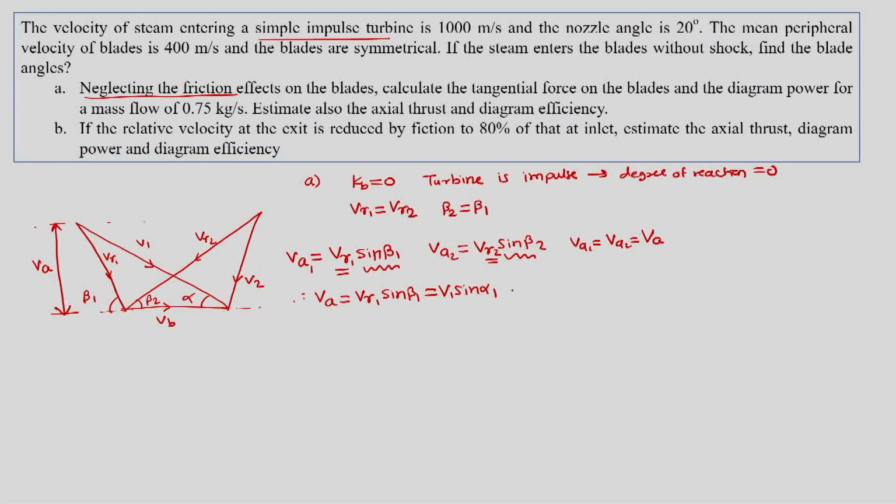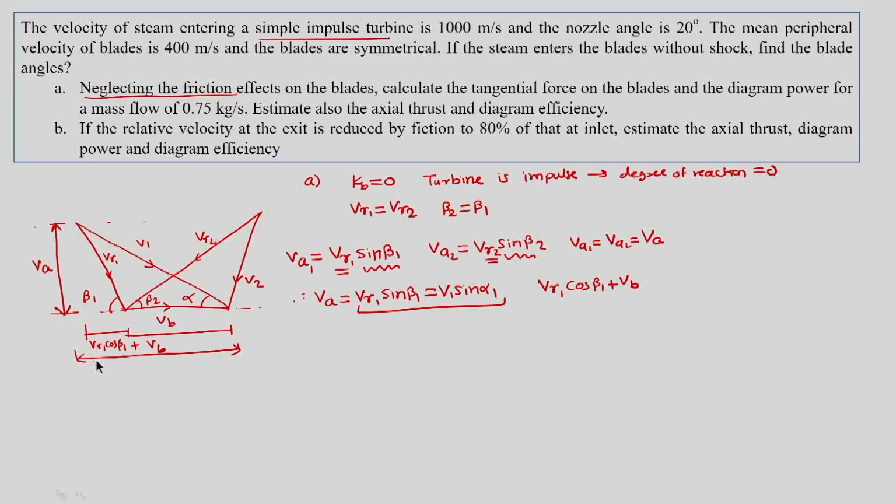So, for this we can just equate this much part and then we can have one more thing, that VR1 cos beta 1 plus VB. So, this is VB and this is VR1 cos beta 1 and this is VB. So, this total is plus.